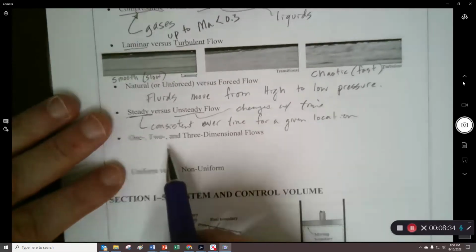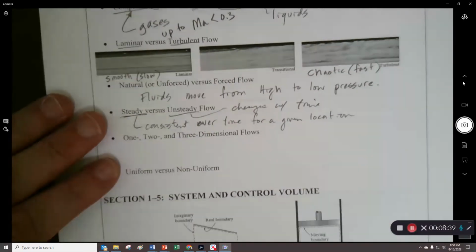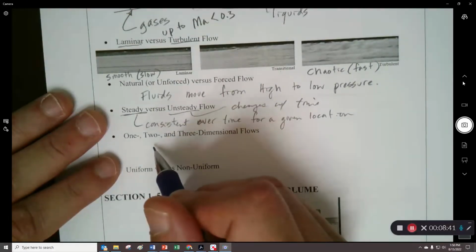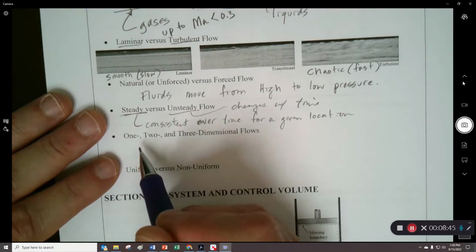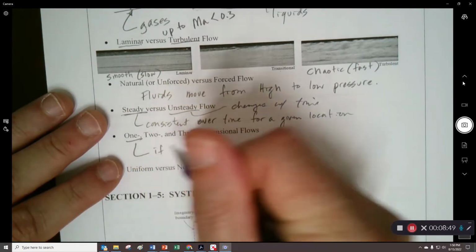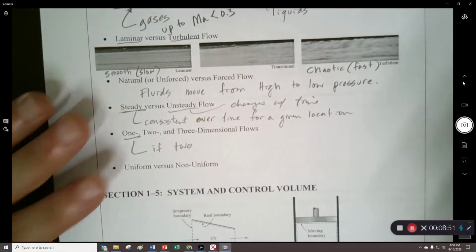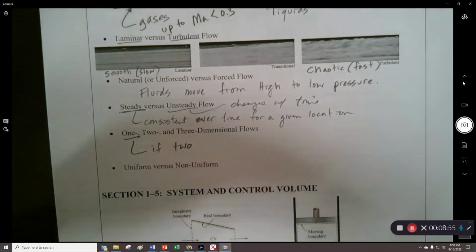Another classification of flows: 1, 2, 3-dimensional flow. Well, all the dimensions are still there, but this is really just describing if two of the dimensions don't matter, if nothing changes in the two other dimensions, like up and down or into and out of the page. So it's really just left and right.